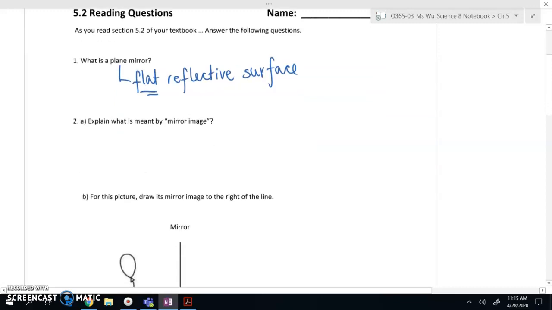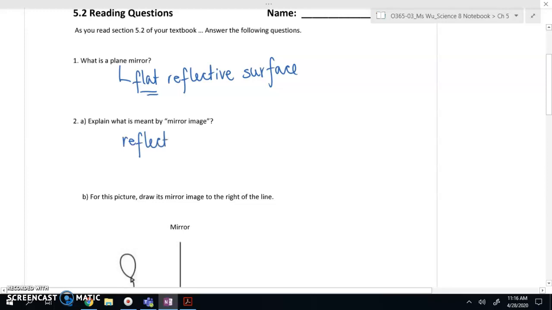And then number 2, what is meant by a mirror image? Oh, I thought about this one for quite a bit. So this is what you see in the mirror. That doesn't really answer it, does it? When we say something is mirror image, it's... hold on. I'm going to look this up. Google. A reflected duplication.